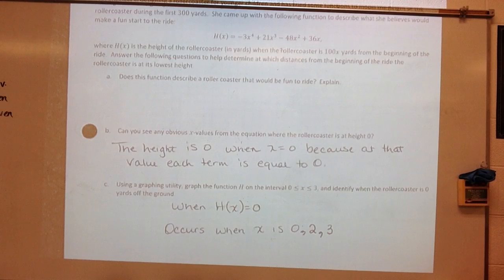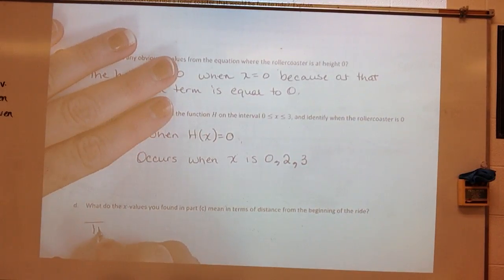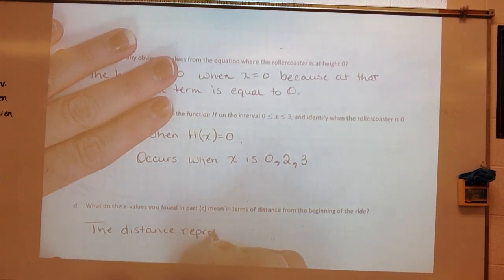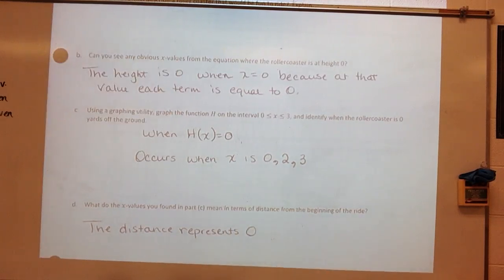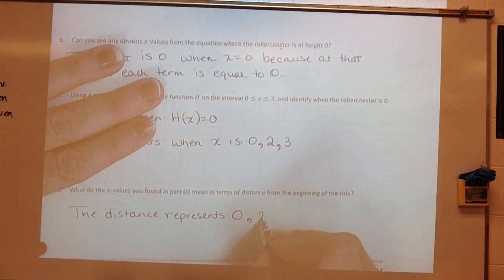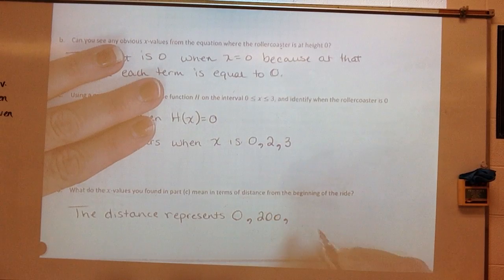So that means the distance represents zero, because 100 times 0 is 0. 100 times 2 is 200.